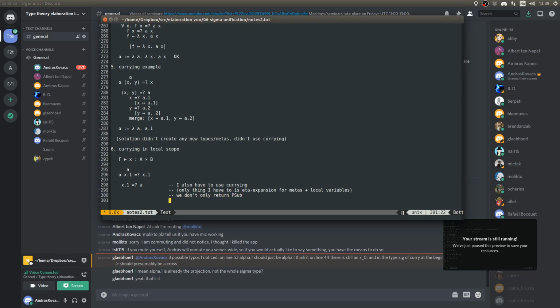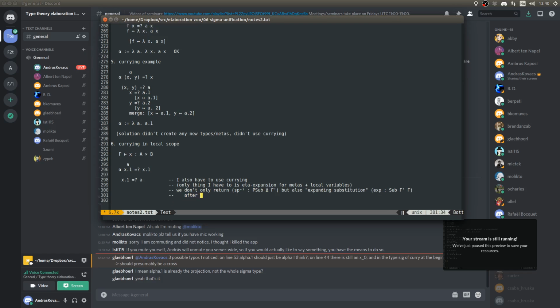So we don't only return some partial substitution which goes from delta to gamma, so we don't only return an sp minus 1, but also kind of an expanding substitution. Let's call it maybe exp, which is a total substitution going from gamma prime to gamma, and then actually this inverse substitution goes into gamma prime.